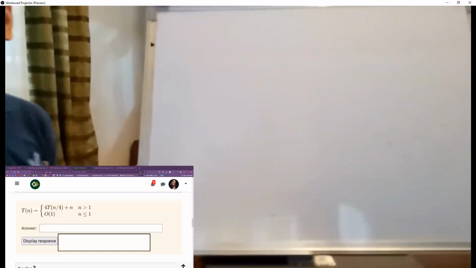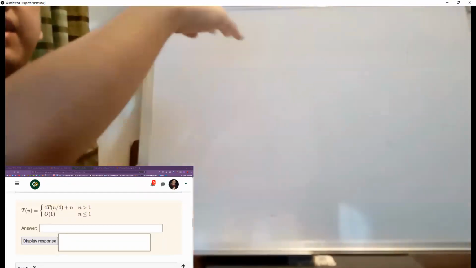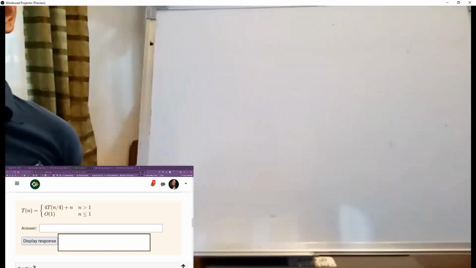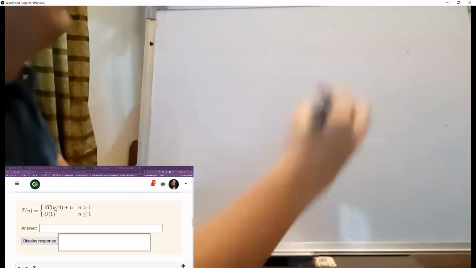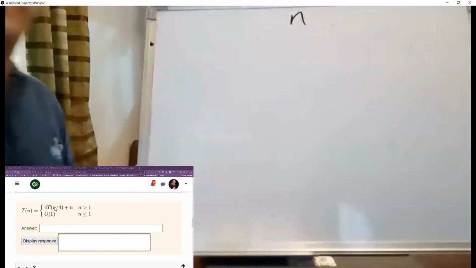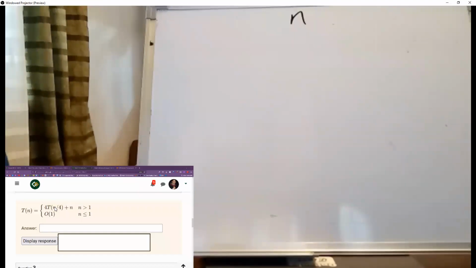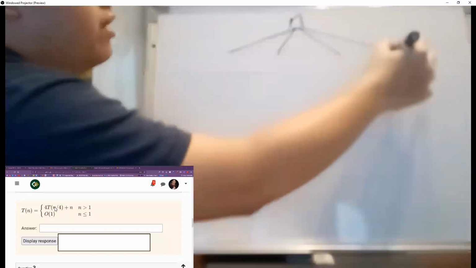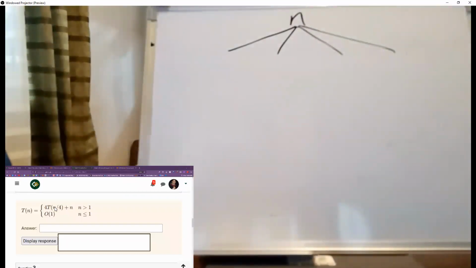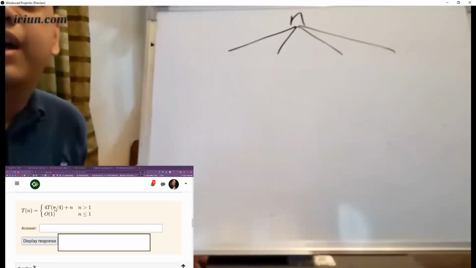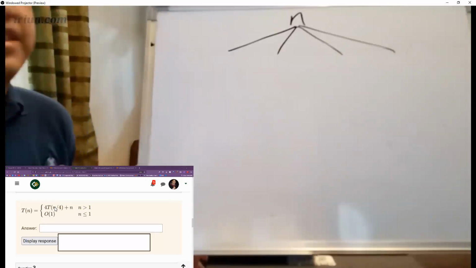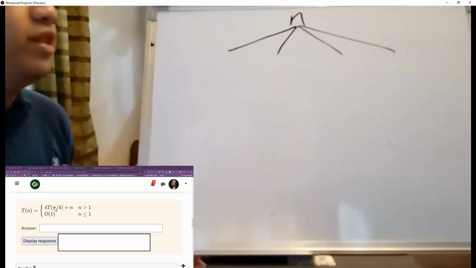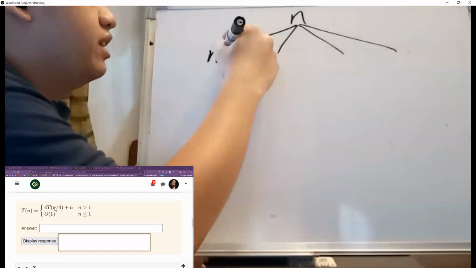So sa recursion tree, ang natitira natin per level is yung non-recursive na call, so which is n. So for the first level, we have n. And then we have 4 recursive calls, 1, 2, 3, 4. And then for each recursive call, n over 4 yung argument or yung nasa loob ng T. So ito is gagawa ng 4 na n over 4.